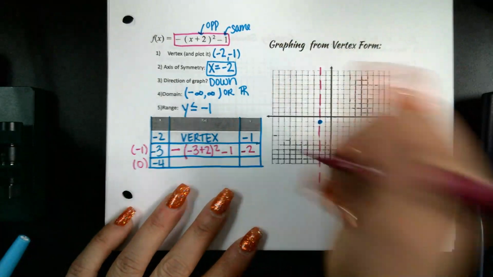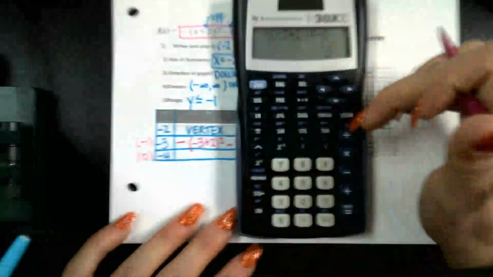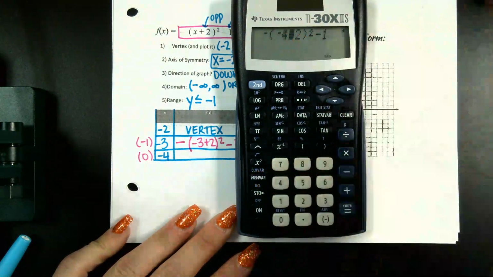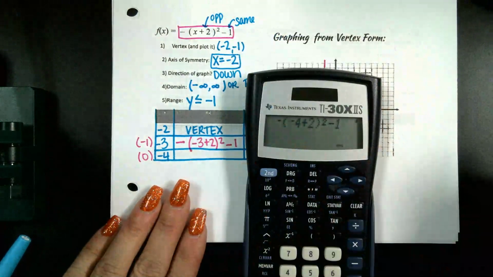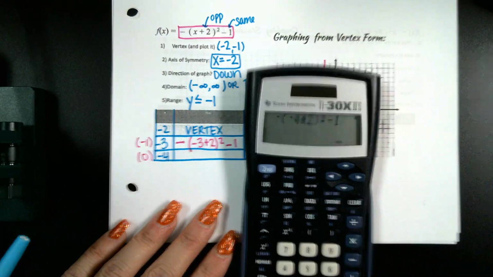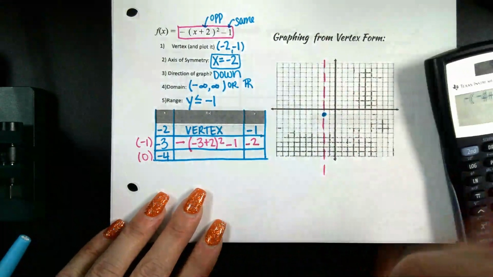Negative 2. And then just scroll over to that 3 and replace it with a 4. See, I got to leave the negative sign in there. I just had to replace the 3 with a 4, and then hit equals again. You should get negative 5.